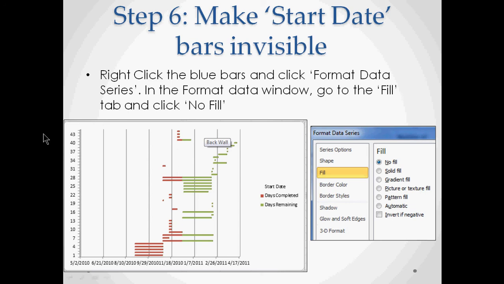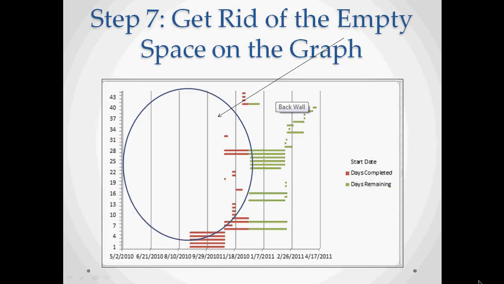Now our next motive is to eliminate this empty space so that the x-axis begins right here where the first task begins. The way we do that is by setting up the minimum value of x-axis at this point.